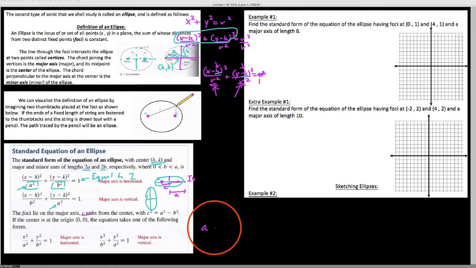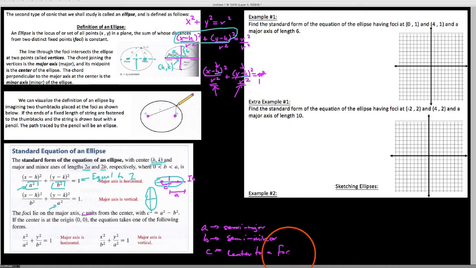So a is the semi-major, and then b is the semi-minor, and then c is the distance from the center to a focus, of which our ellipse has two foci, okay?